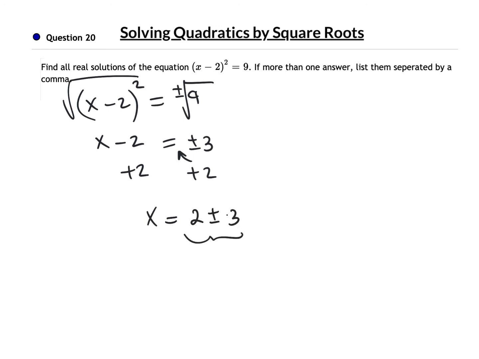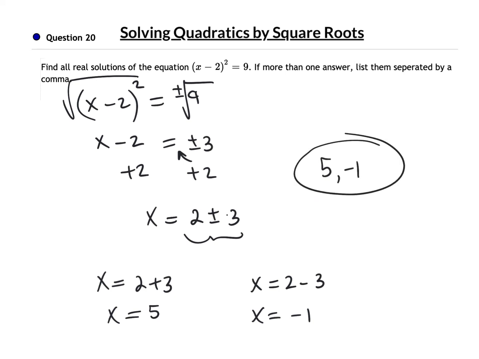These can be simplified. They're both integers, regular old numbers. We get two answers. One is 2 plus 3, and the other is 2 minus 3. X equals 5 and x equals -1. 5 and -1 are our solutions.